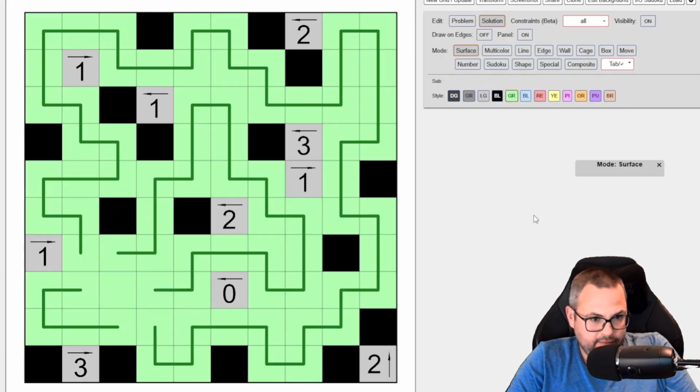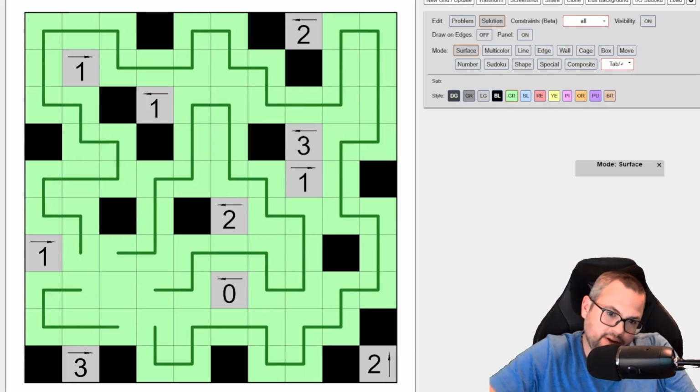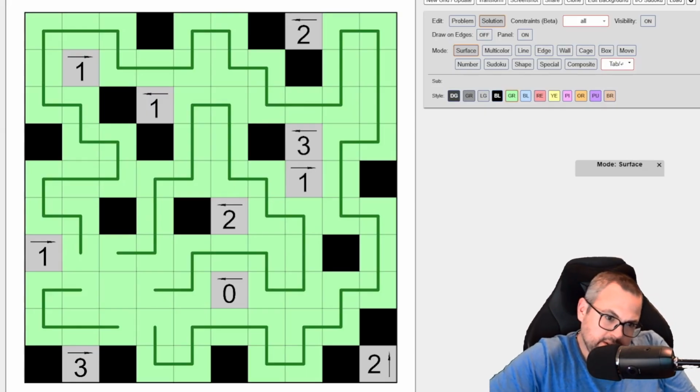But again, I think we have multiple solutions. Yeah, there's a couple ways to disentangle these two loops.